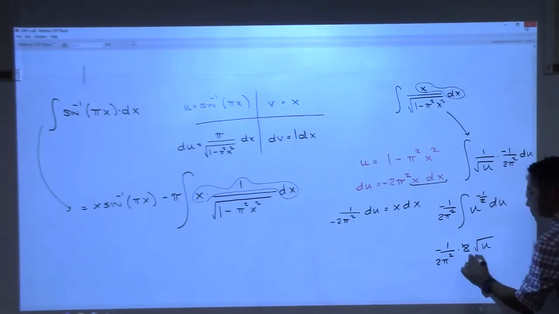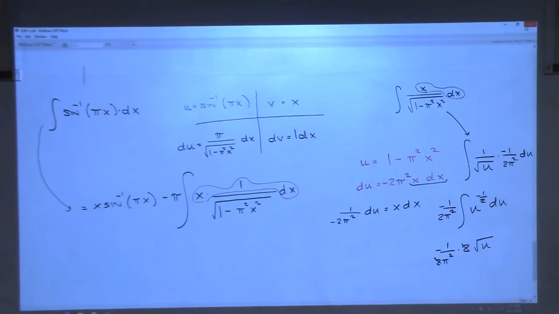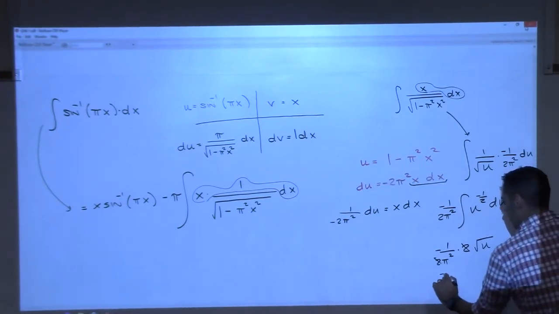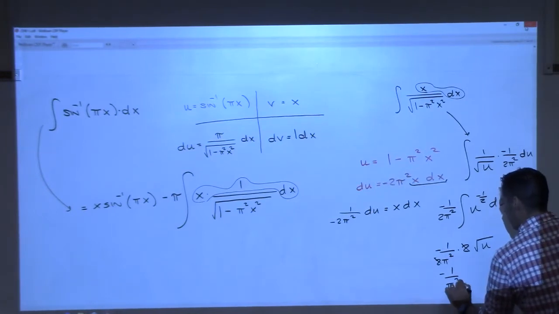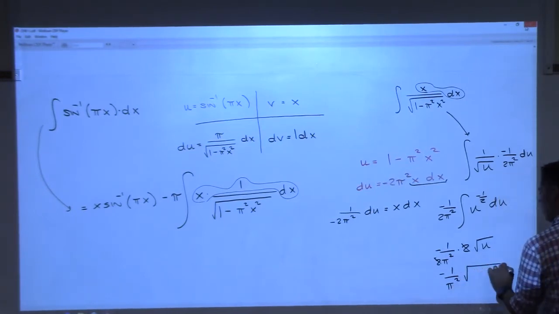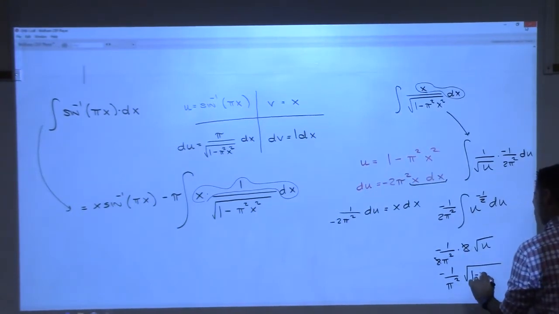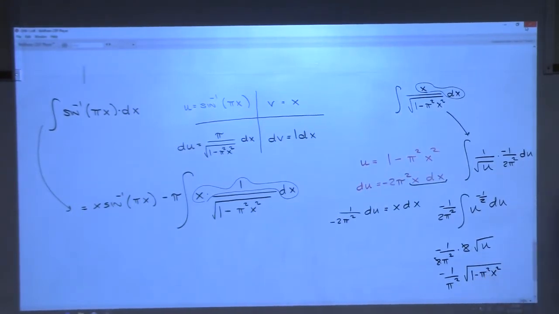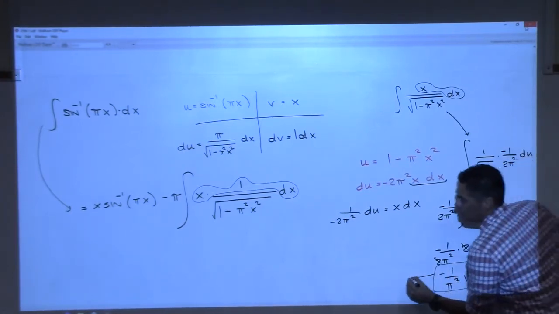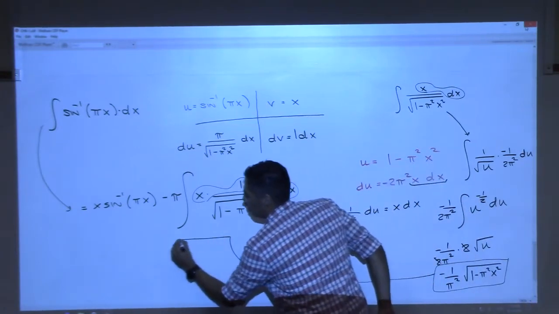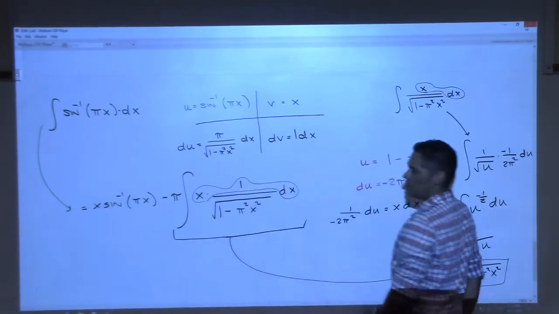Oh, the 2's canceled. Great. So this is really negative 1 over pi squared times the square root of u. What was u? 1 minus pi squared x squared. That's it. This right here, I'll do it at the end.